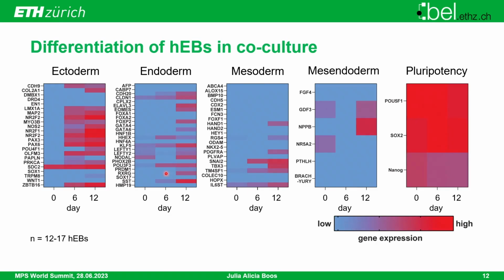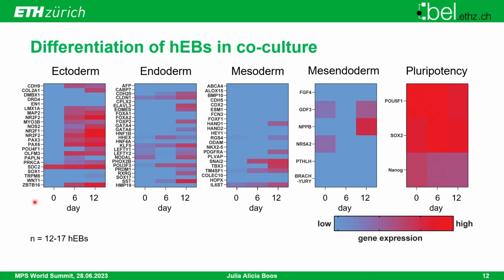And here you can see the gene expression of the EBs into the different germ layers, as well as mesendoderm and pluripotency markers at day 0, day 6, and day 12 of the assay, where blue indicates a very low gene expression and high indicates highly expressed genes. Also here we saw that the EBs were able to differentiate into all the 3 germ layers under co-culture conditions.